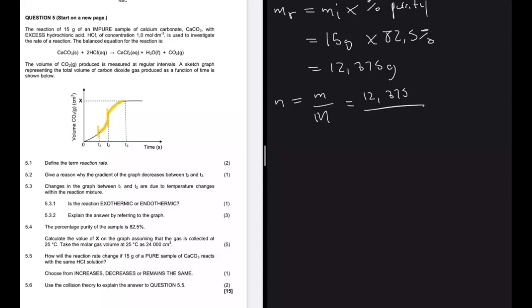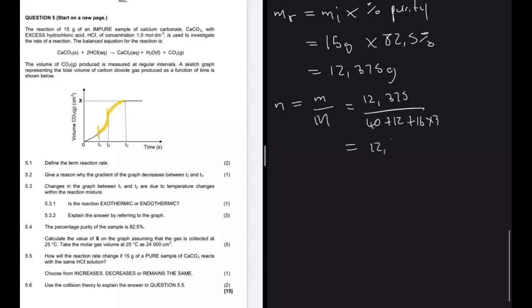So for calcium, we have the molar mass of 40, and then for carbon, that's 12, so that's plus 12, and then for oxygen, that is 16, but then we have 3 oxygen atoms, so that's 16 times 3. So 12.375 divided by 40 plus 12, that's 52, plus 16, 32, 48.